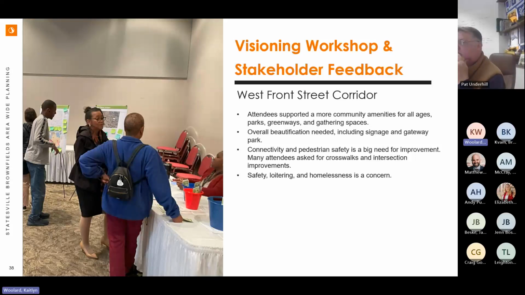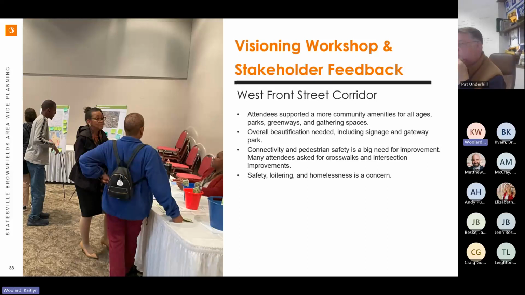It's very evident that connectivity and pedestrian safety were needs for improvements, especially with the intersection improvements. For a corridor like that, especially with the heavy industrial use, it was very evident from talking to the community that the intersections really needed to be prioritized or redesigned to prioritize the pedestrians. So that's a huge need.